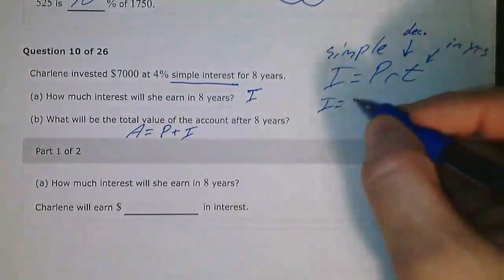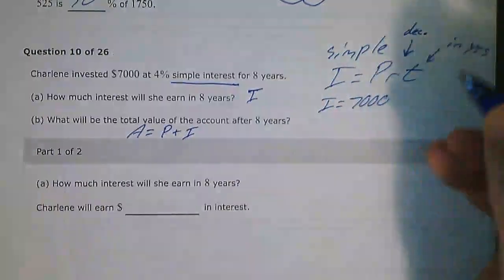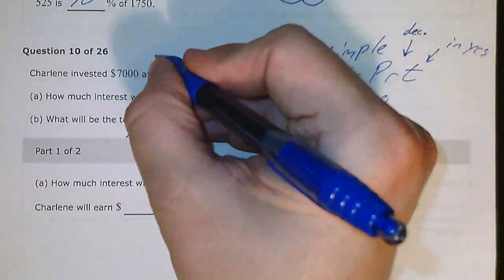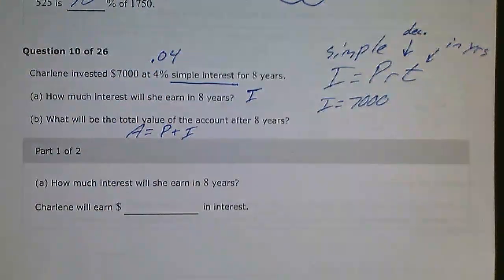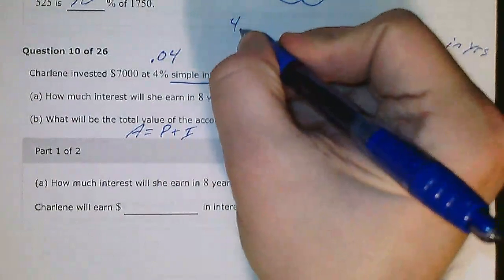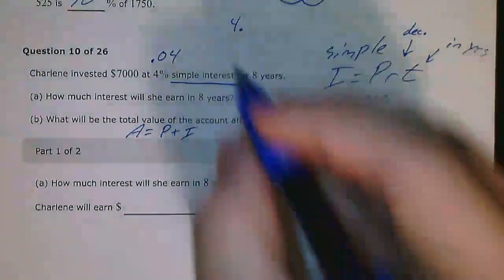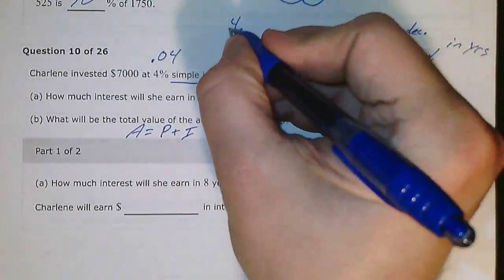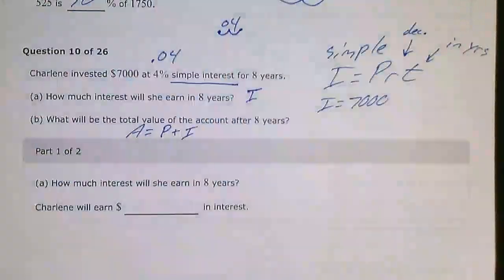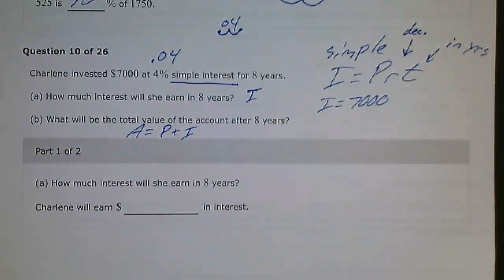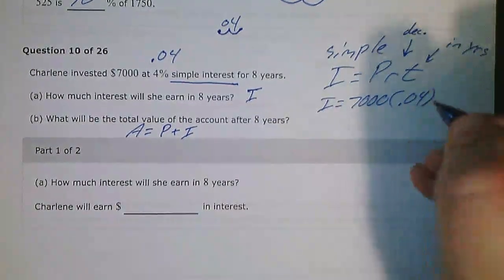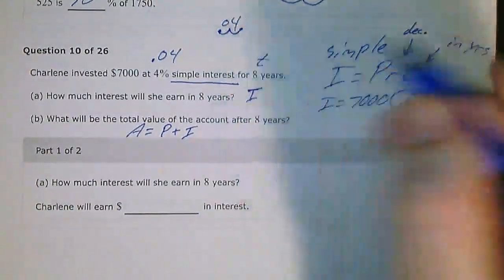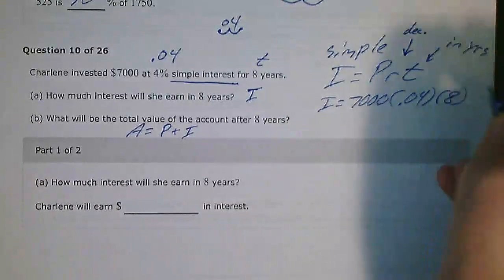So I equals our principal investment of 7,000 times 4%, which is 0.04. Remember, take 4 with the decimal at the end, move it twice to the left to convert from a percent to decimal. And then there's our T of 8.